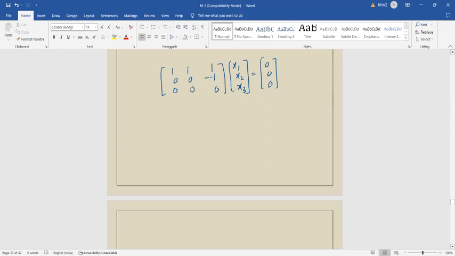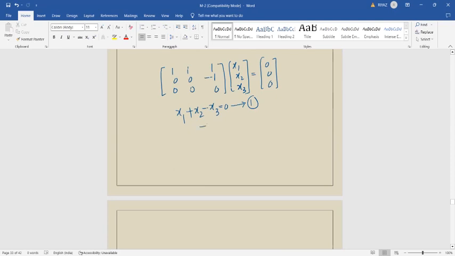We'll multiply 1 with x1, and you will get an equation: x1 plus x2 minus x3 is equal to 0. It is equation number 1. Okay? Matrix multiply: 1 into x1, 1 into x2, 1 into x3. Here in the second row, 0 into x1 is 0, 0 into x2 is 0.